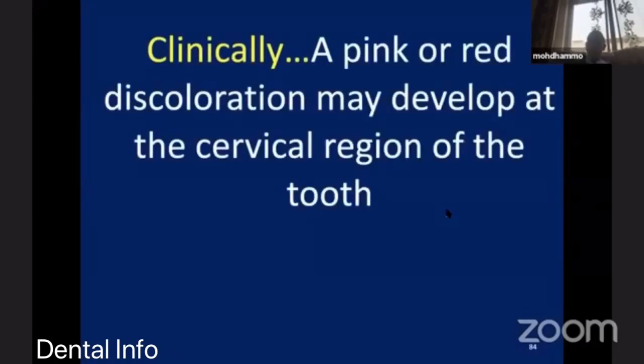Now let's see how to make the diagnosis of cervical resorption. Clinically, a pink or red discoloration may develop at the cervical region of the tooth. This is what we call the pink spot.